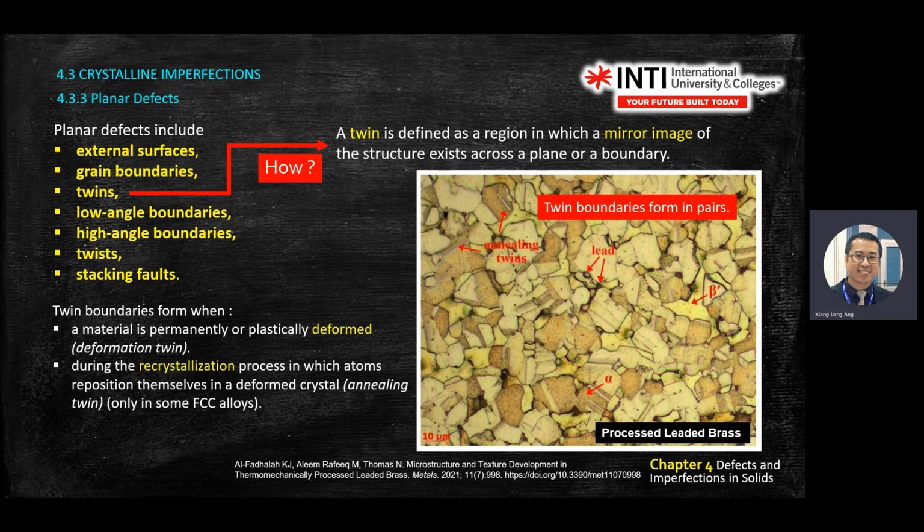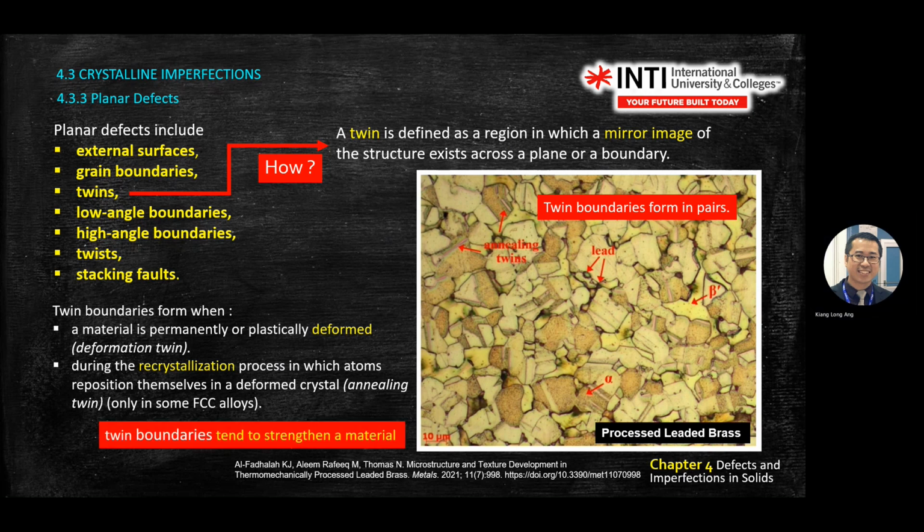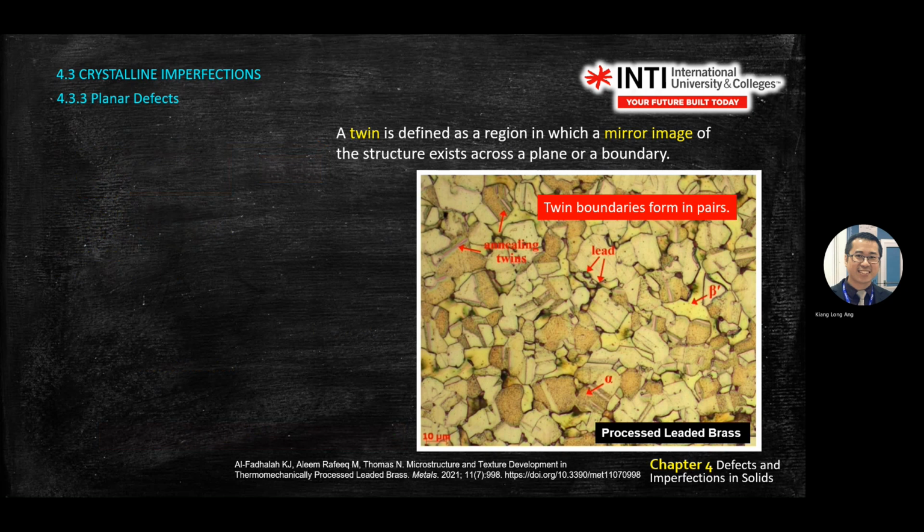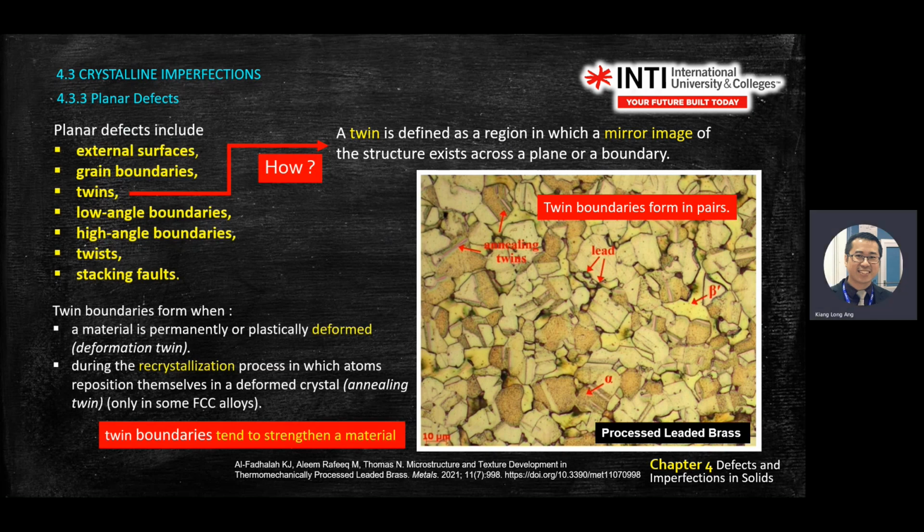All this you read on the screen. And twin boundaries, they are good for material. When we talk about how you strengthen material, in some cases you purposely create twins in the material.